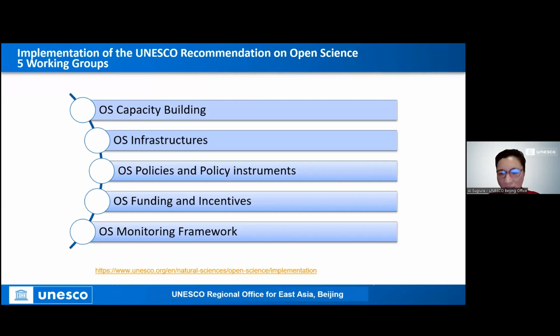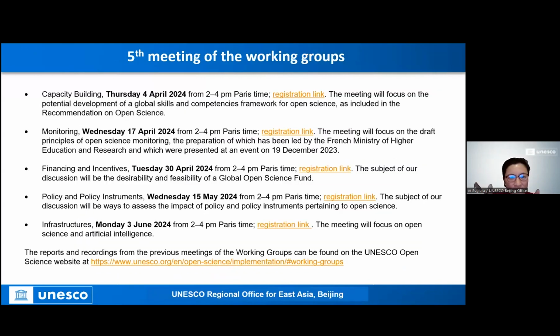They are open to everyone. This is the calendar of the upcoming meetings. So all of you are more than welcome. You just register, you will receive the link, and you can participate. You can voice any concerns, your point of view, and so on. This is really open to everyone. Everyone is welcome. So please just have a look.